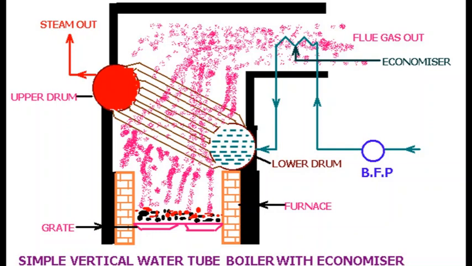But there are disadvantages also, and particularly in this type of arrangement they are related to scaling of the tubes, as at the initial stage impurities in the water were quite heavy, so that creates the problem of internal scaling and sedimentation, and as a result it reduces the heat transfer rate and the tube metal gets overheated.